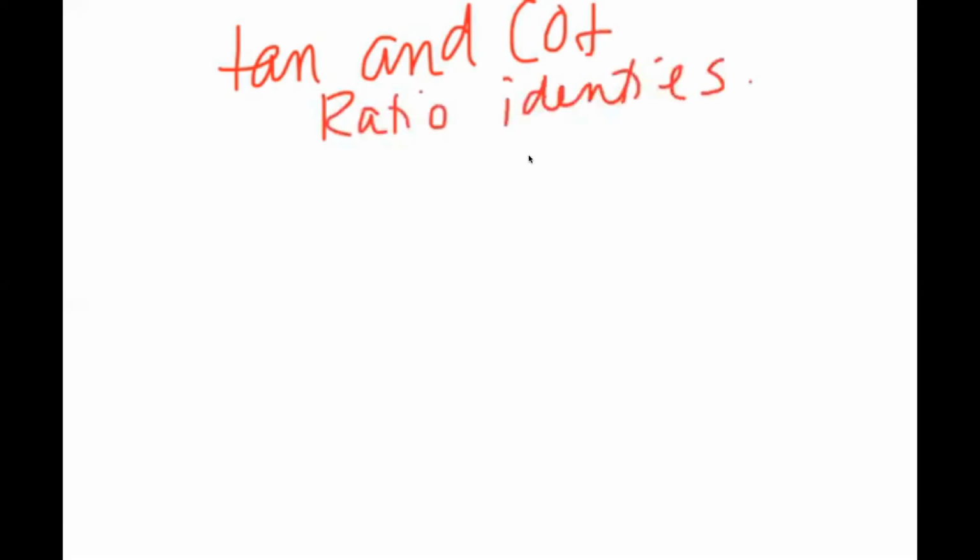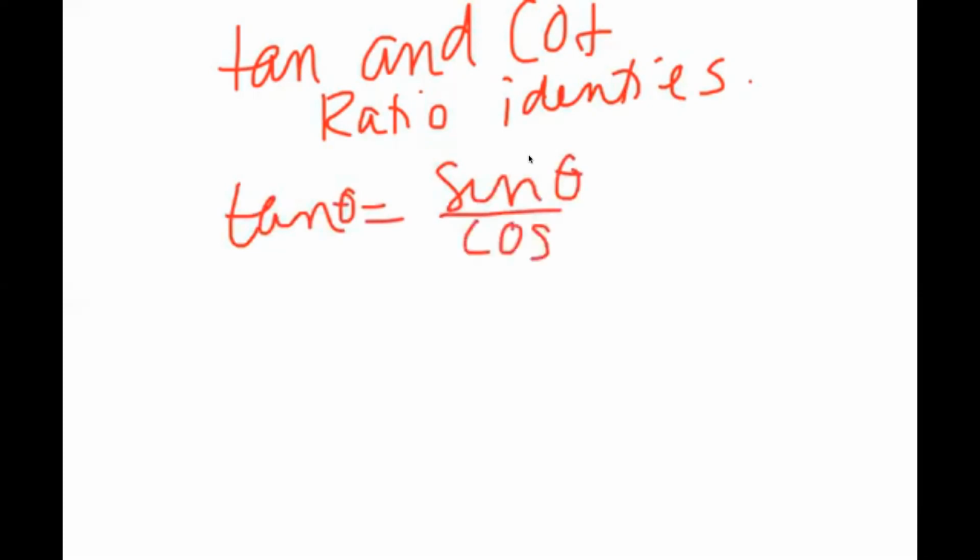Next, we're going to move on to the tangent and cotangent identities, or ratio identities. These, again, you should be very familiar with because we've talked about these multiple times. We've looked at the graphs of them and so forth. So starting off with tangent theta, you know tangent theta involves the ratio of sine theta over cosine theta.